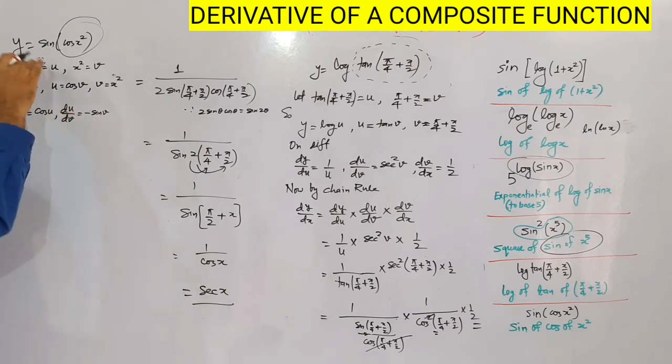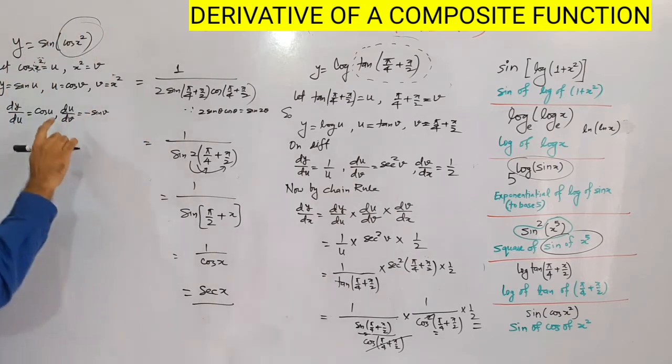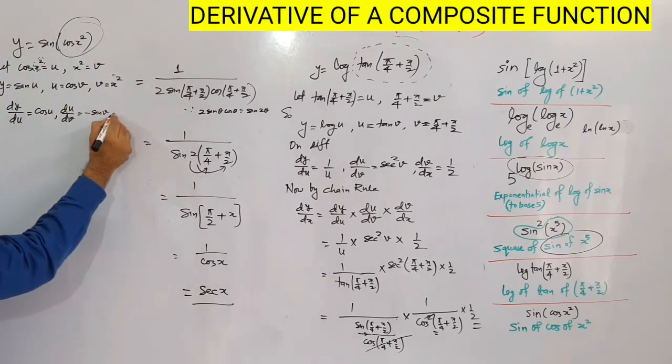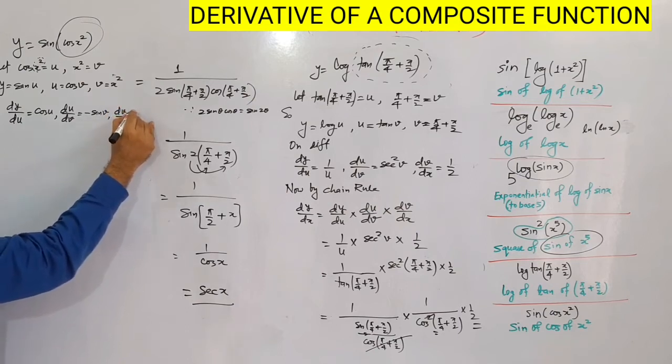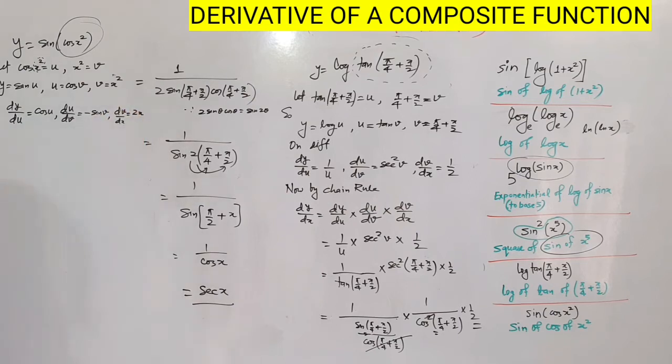So minus sine v, and the derivative of v is nx raised to n minus 1, that is 2x. The derivative of sine of variable is cos of variable, the derivative of cos of variable is minus sine of variable, and the derivative of x raised to n is nx raised to n minus 1.